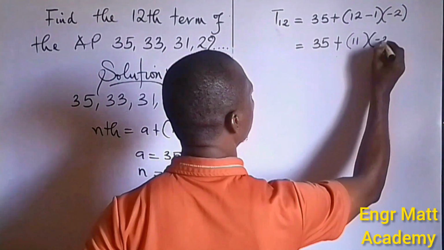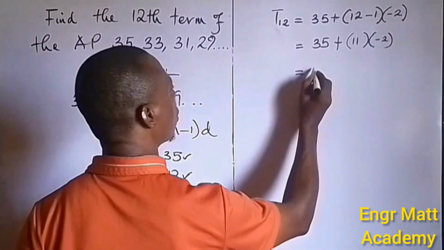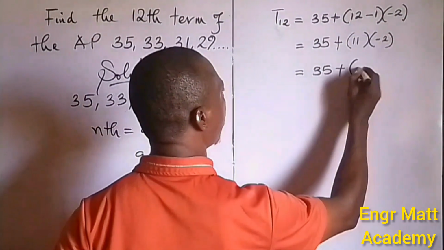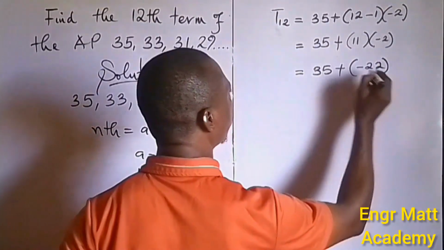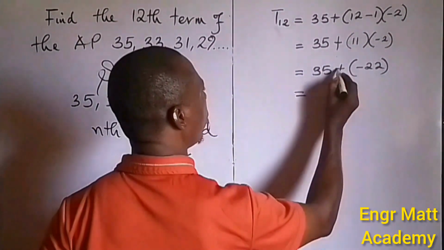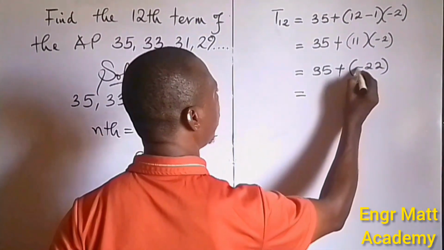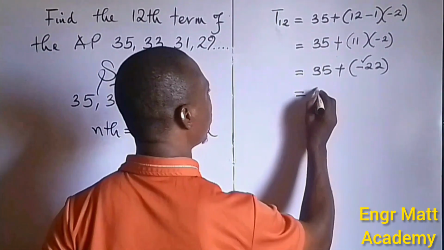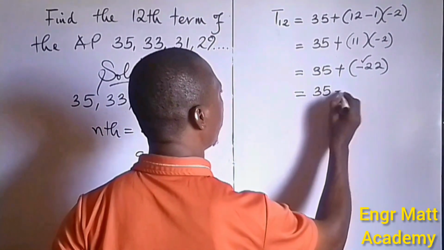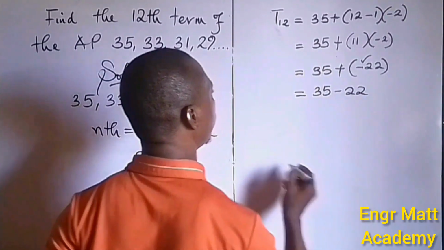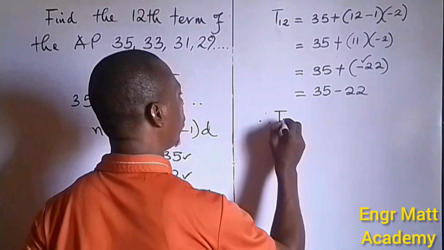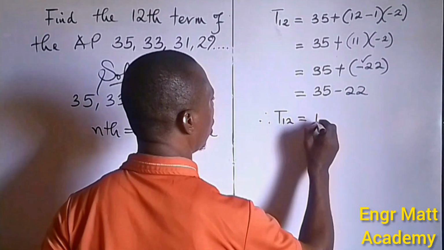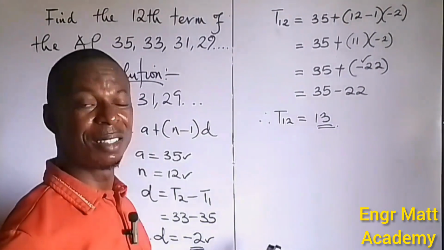This gives us 35 plus 11 times minus 2, which is minus 22. Next, a positive sign multiplying a negative sign, the negative always wins. So we have 35 minus 22. Therefore, the 12th term is equal to 35 minus 22. That will be 13. And that is it.